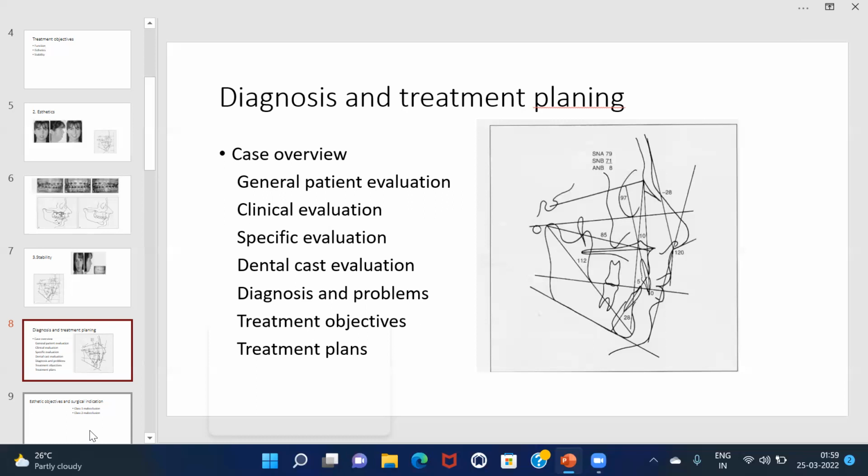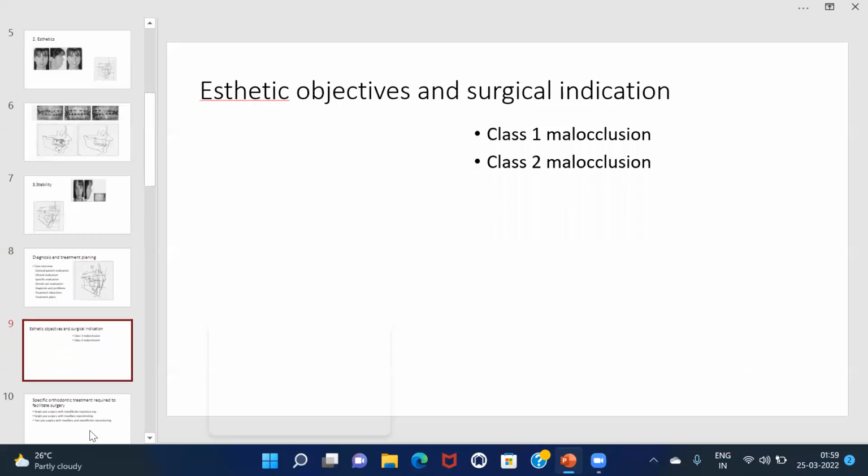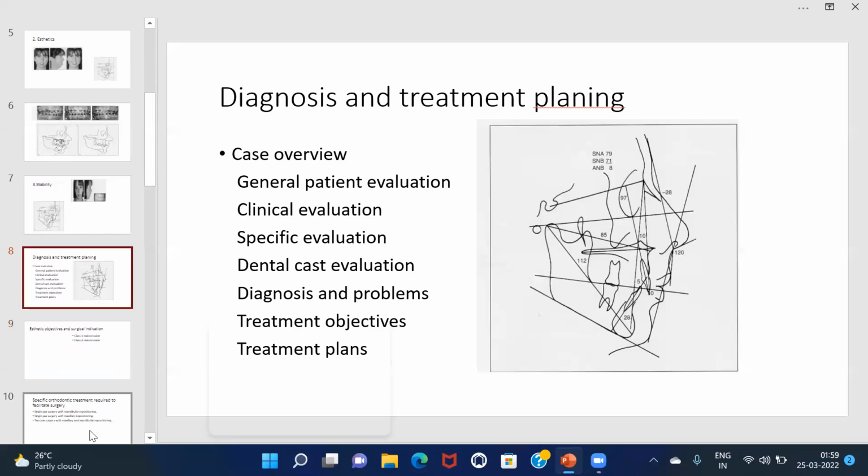Surgical treatment objectives and possible solutions are shown. Now, treatment plans. Preoperative orthodontic. The expected dental and soft tissue changes to be effected by the preoperative orthodontic treatment are predicted and illustrated by the supplementary tracing and visual treatment objectives.